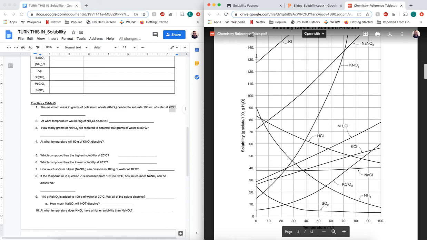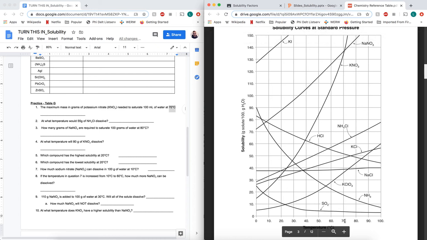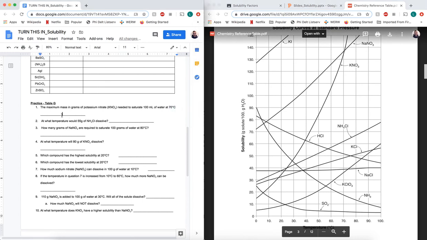So what does that mean? That means that at 70 degrees, 100 milliliters or 100 grams of water can dissolve about 134 grams of potassium nitrate. That is the point at which the solution is saturated. It cannot dissolve anymore. It is saturated.